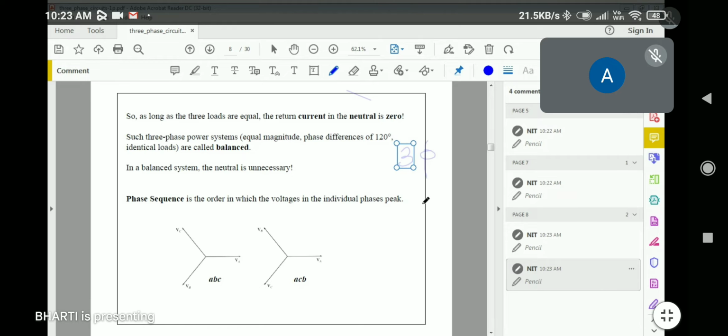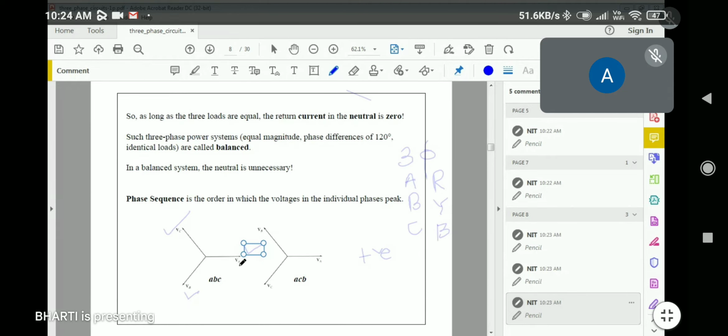Phi stands for phases, and they can be named as A, B, C. Sometimes it is written as R, Y, B. Any of the name or the nomenclature can be given, and only if it is taken as ABC, and when you say the order of the voltages in those peaks, that is in sequence of A, B and C. That means it will be first A in clockwise, then B, then C. If such kind of sequence is being followed, in that case we will be saying that it is a positive phase sequence.